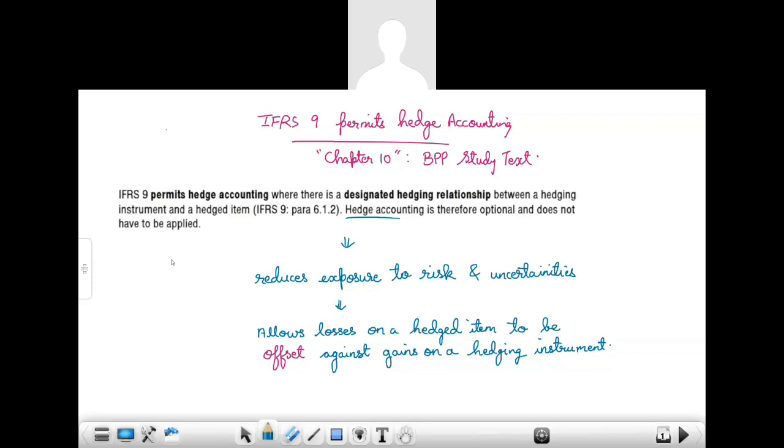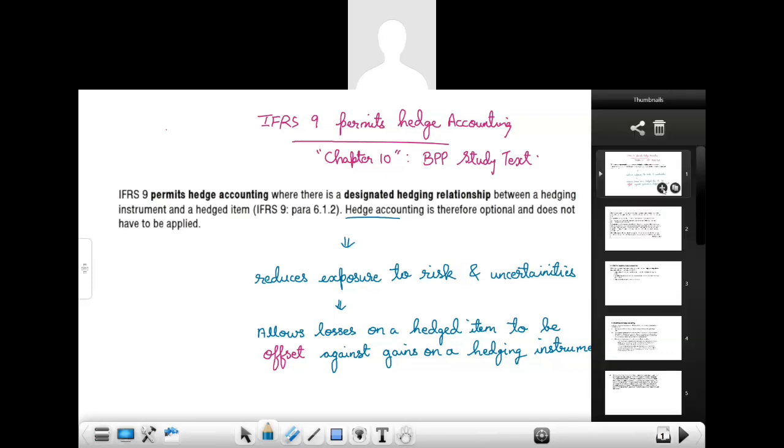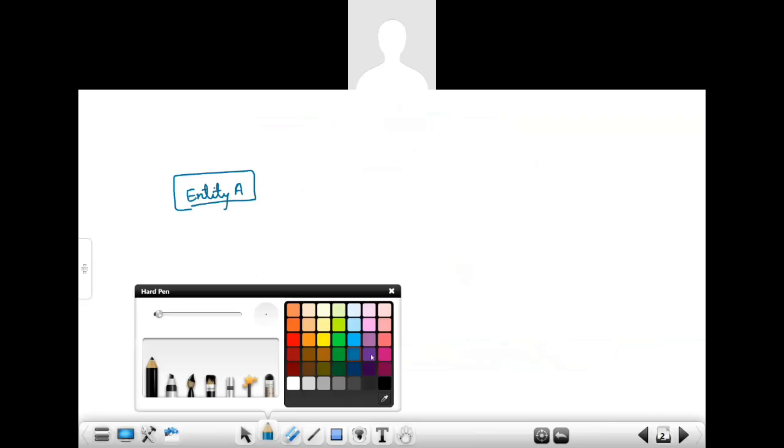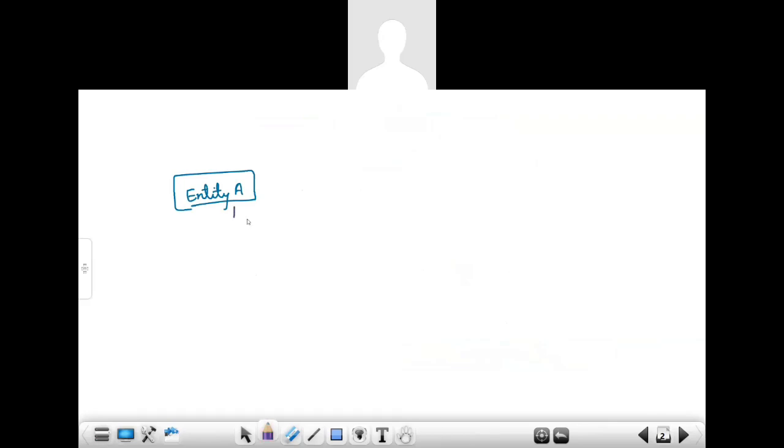Very simple one. I'll try to take an example. For example, there is entity A. For example, they have exported goods and will receive 1 lakh dollars 3 months later.